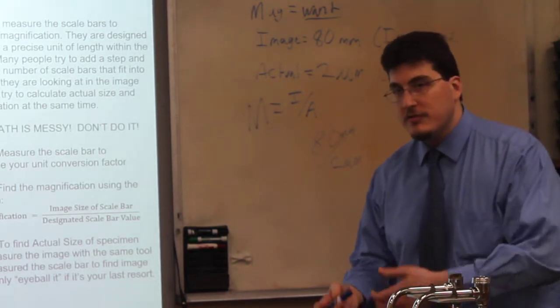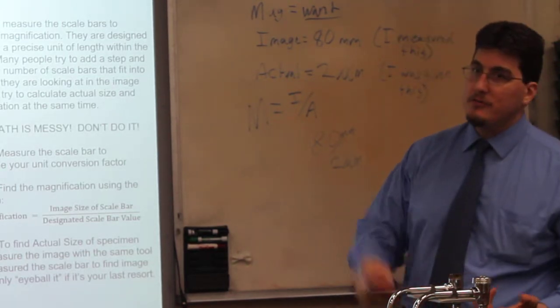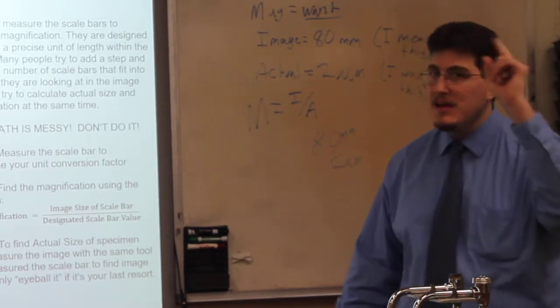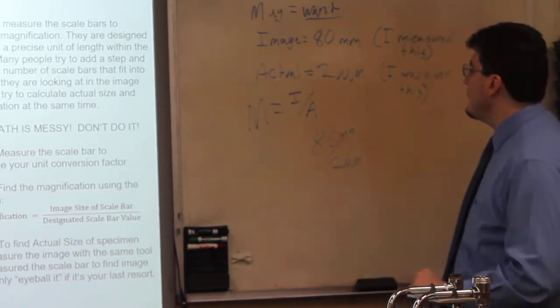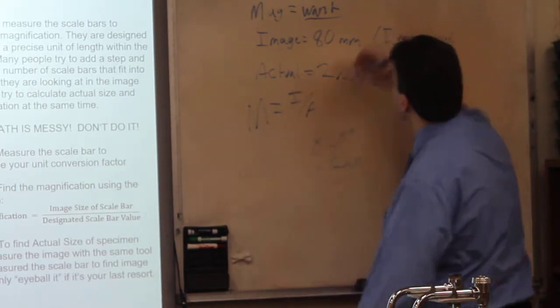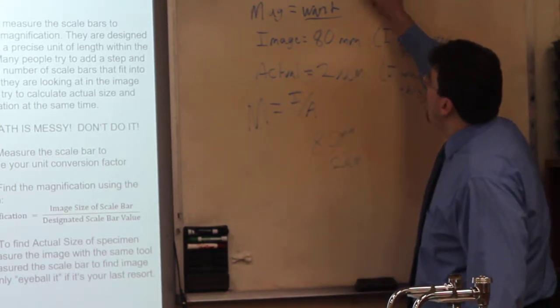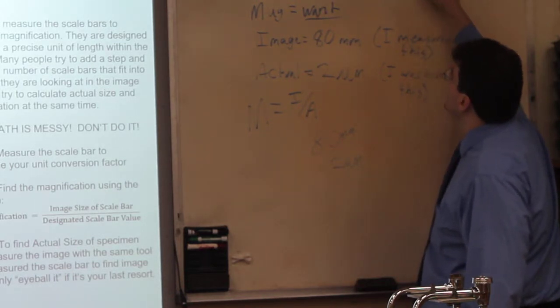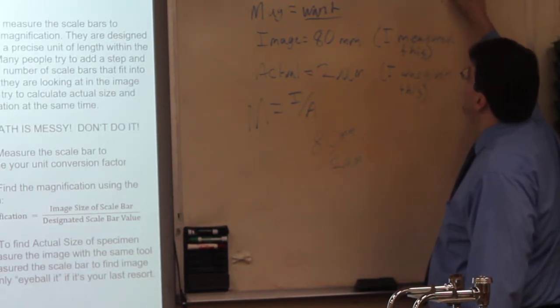Are millimeters the same unit as micrometers? No, they are not. But they can be equated to the same unit. Because I know that 1,000 micrometers is equal to 1 millimeter.